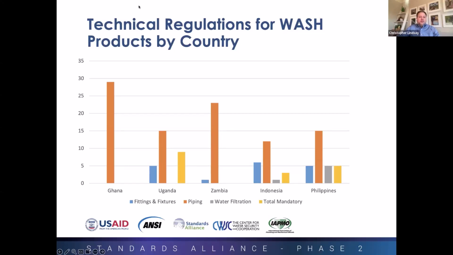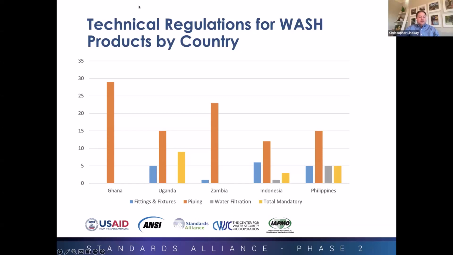The fourth column that you see there for each country is how many of these technical regulations have been mandated by a ministry with the authority to enforce it. Now, in a perfect world, we would expect a fairly balanced number of regulations across all three product categories, with the highest column being the number of regulations that are mandated.